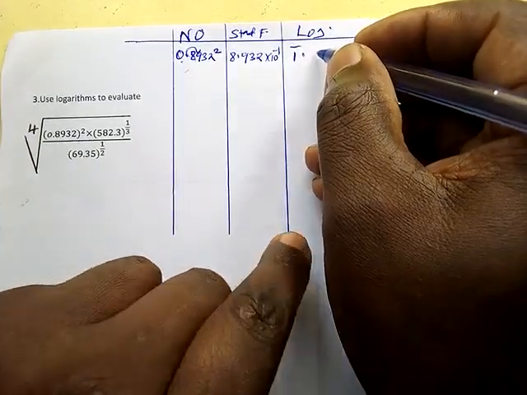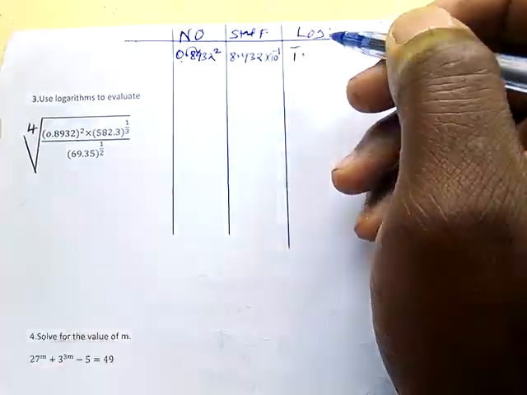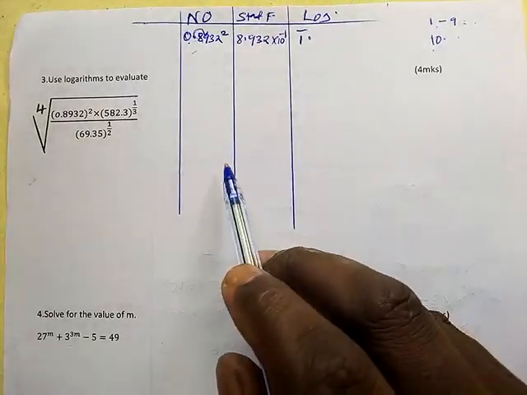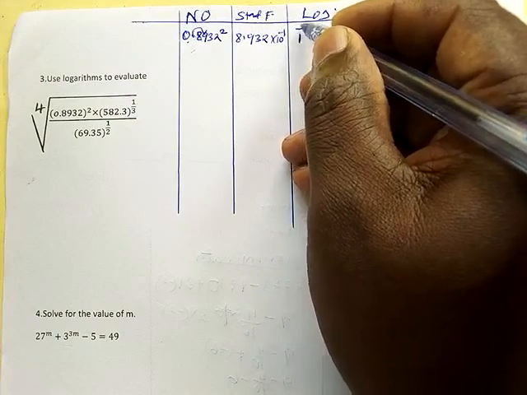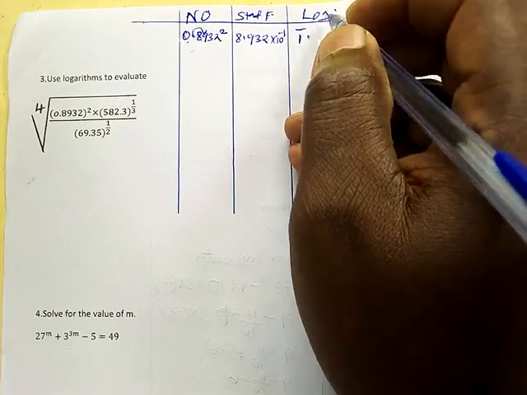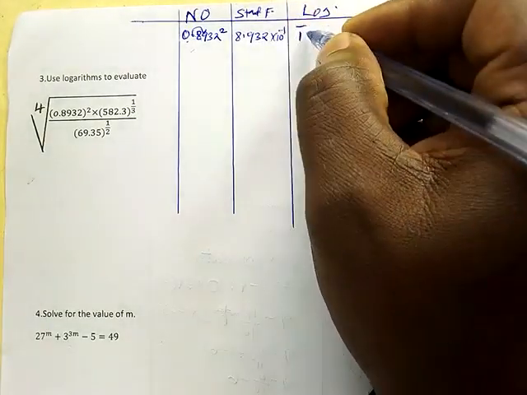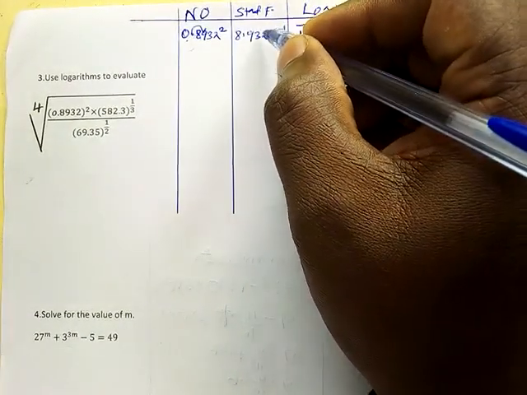Bar 1 is the same as -1, but here we call it bar 1. And then the decimal point part of the logarithm is going to come from the log of 8.932.